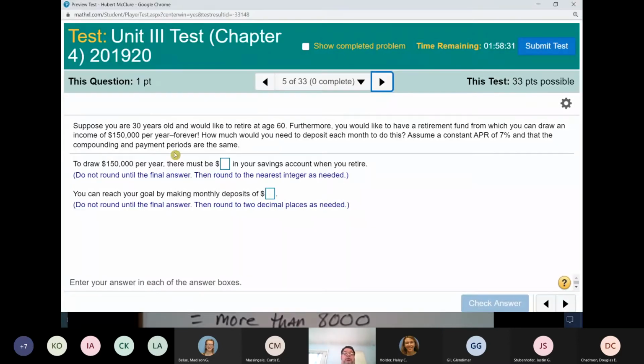Suppose you are 30 years old and would like to retire at 60. Furthermore, you would like to have a retirement fund from which you can draw an annual income of $150,000 per year forever. We did one like this, y'all remember? Because there's a step you have to do before you start this, and that is you have to divide 150,000 by what?